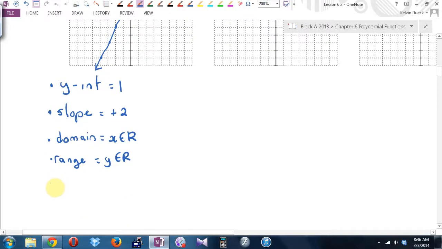What else could I ask you for? Well, we talked about the end behavior. And by that, we meant moves from quadrant what to quadrant what.